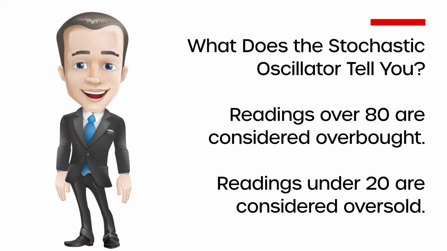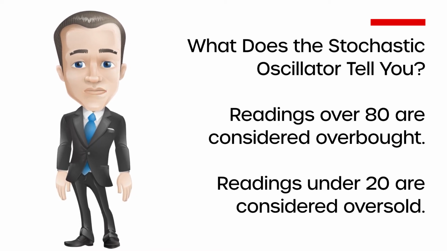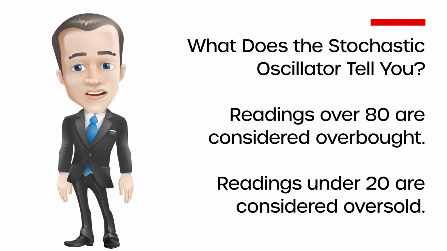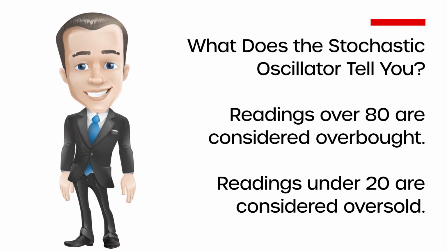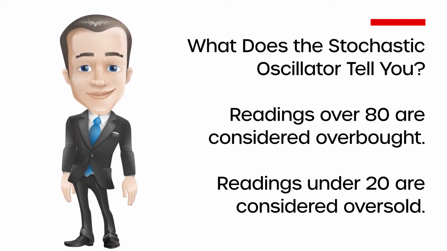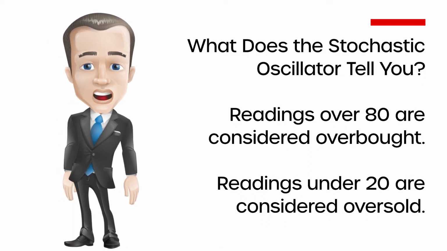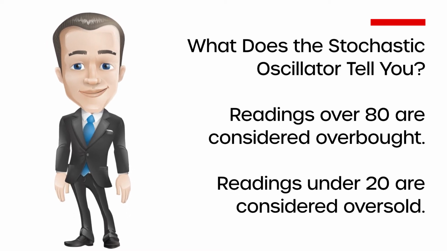What does the stochastic oscillator tell you? The stochastic oscillator is range-bound, meaning it is always between 0 and 100. This makes it a useful indicator of overbought and oversold conditions. Traditional readings of over 80 are considered in the overbought range, and readings under 20 are considered oversold.